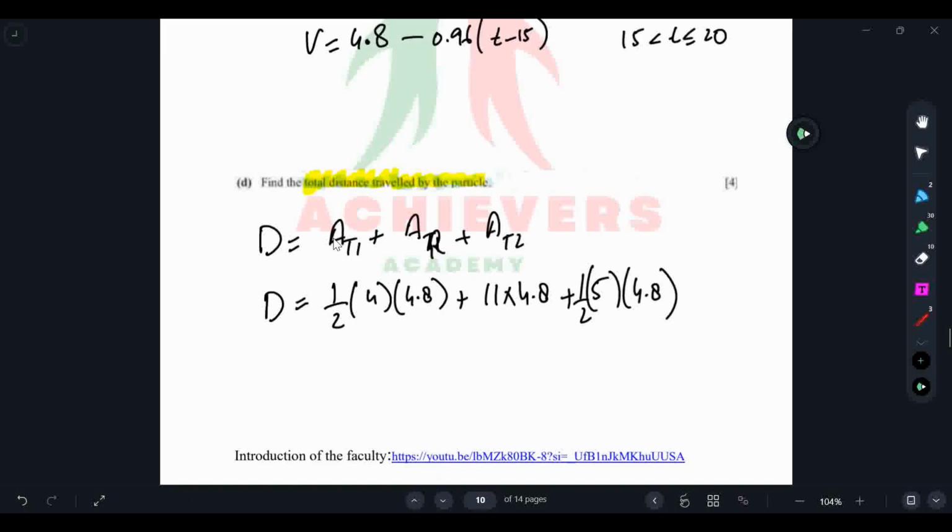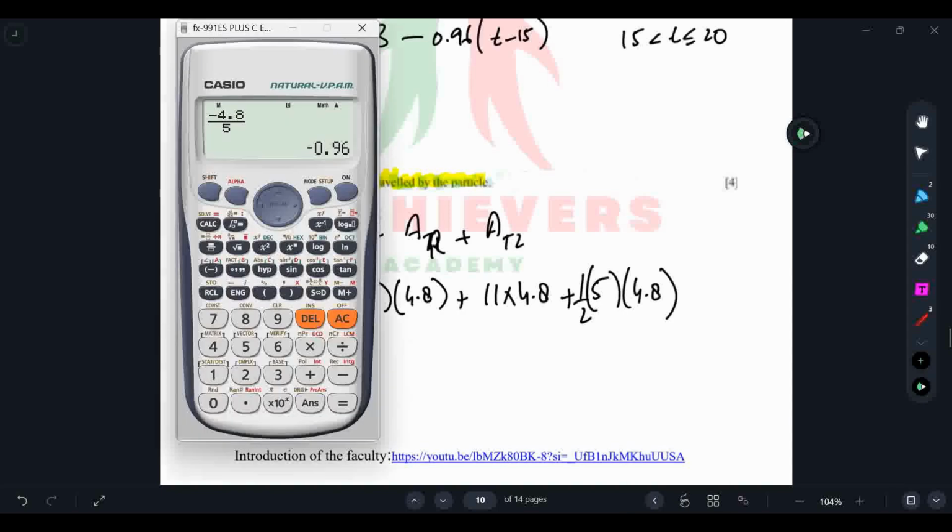Now if we simplify it, we can get the final answer. 2 multiplied by 4.8 plus 11 multiplied by 4.8 plus 1 by 2 multiplied by 5 multiplied by 4.8.